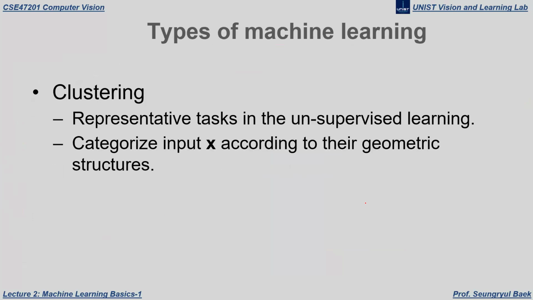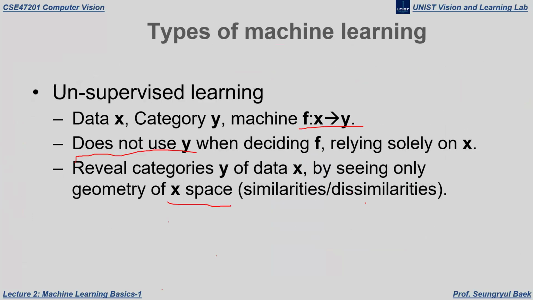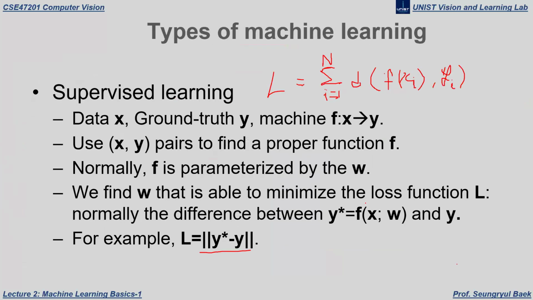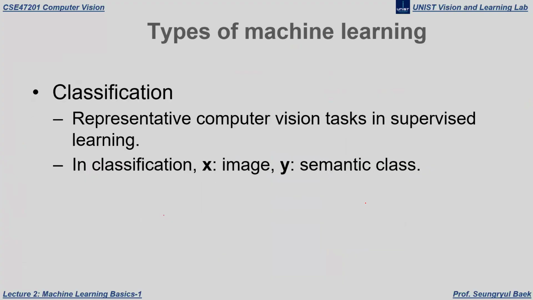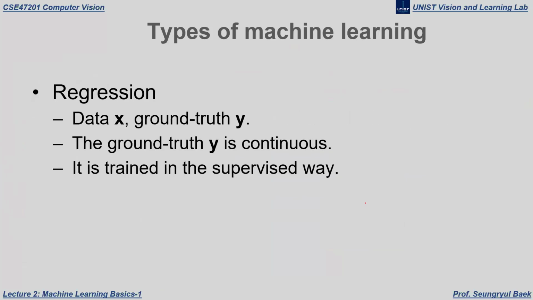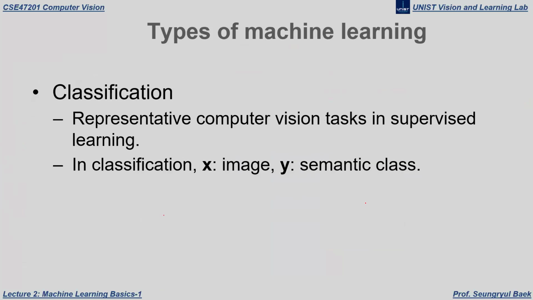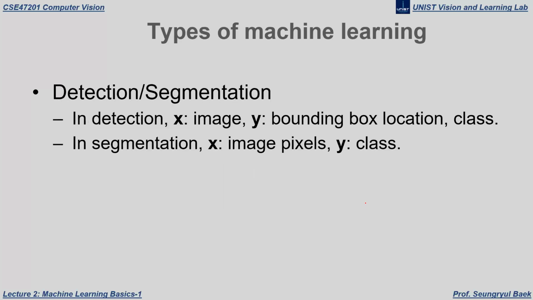So we learned these basic machine learning things. There are supervised learning and unsupervised learning, and we already learned k-means clustering. And there are classification and regression. We will learn how to implement regression and classification during this course. Okay, don't worry. And I already told you there are object detection and image segmentation tasks.